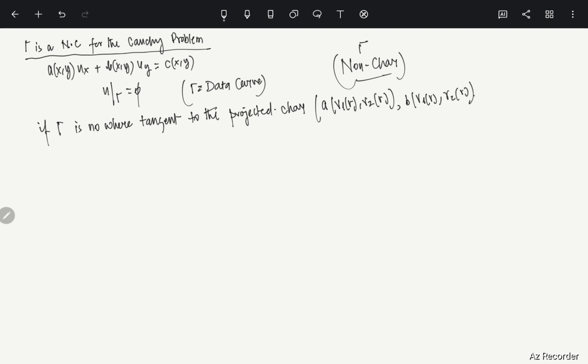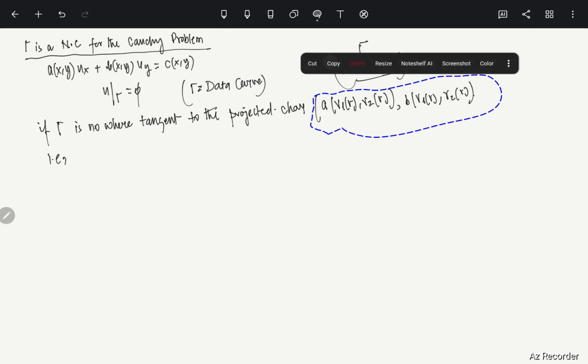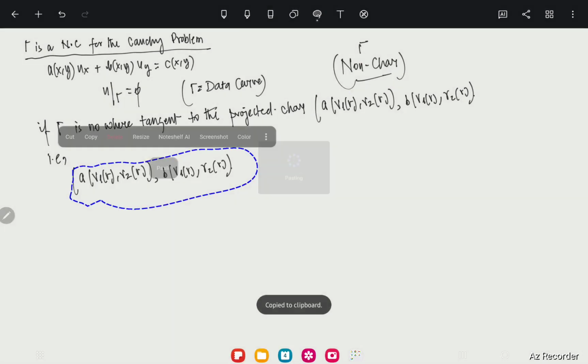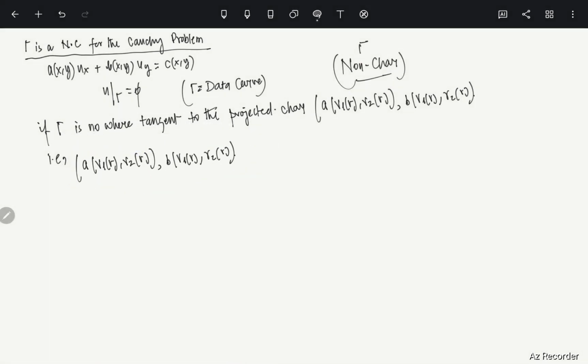What does that mean? It means that this particular term, times minus gamma 2 prime of r, gamma 1 prime of r, has to be non-zero.